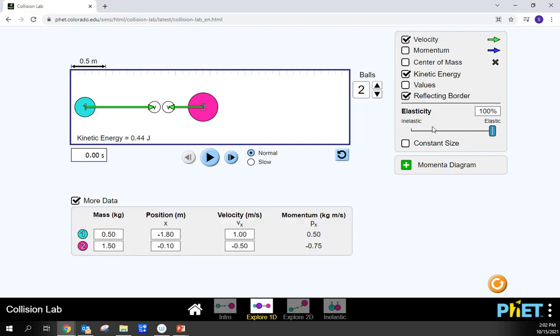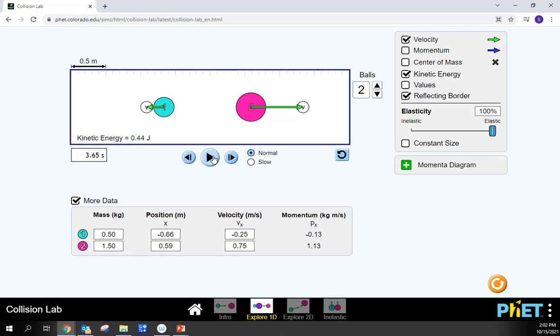When I have it set at perfectly elastic, I start at 0.44 joules. And we can see that after the collision, it is again at 0.44 joules. I can make changes.